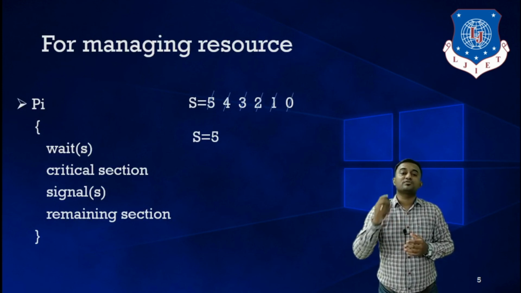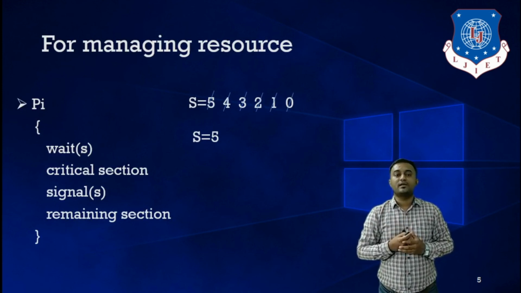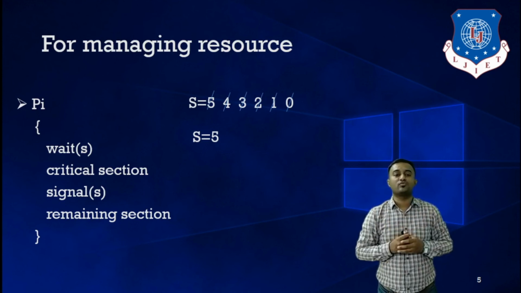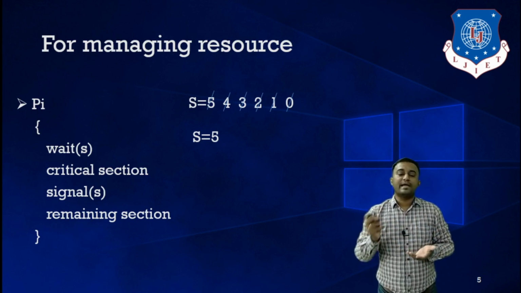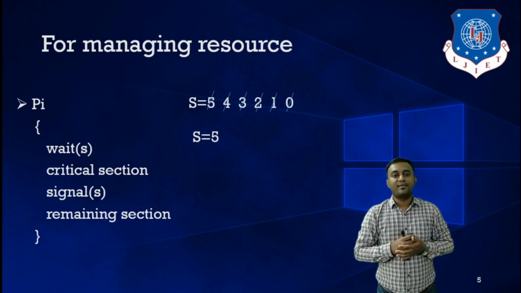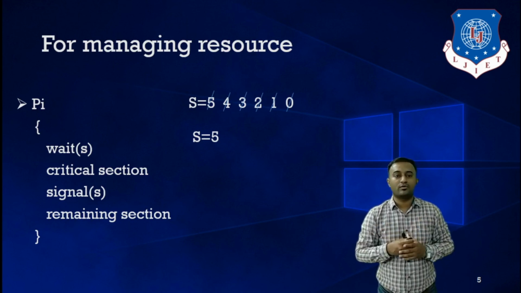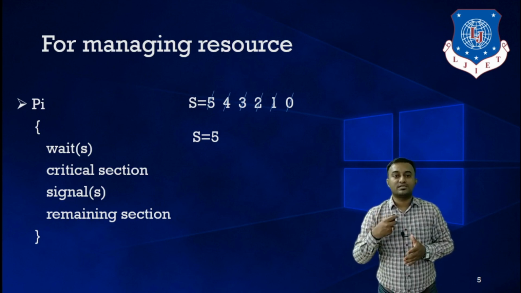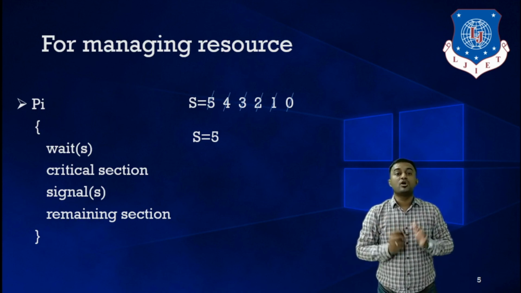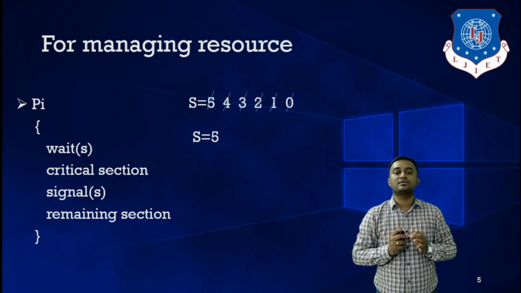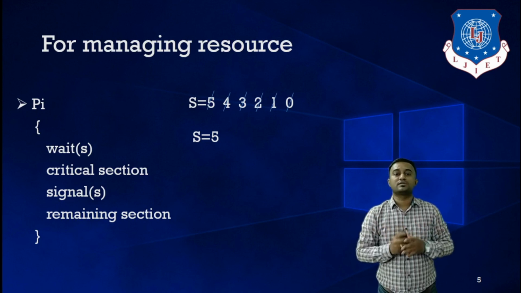Now another process comes into existence, and it wants to enter into the critical section to access the shared resource. The value of S is 3, so we can again execute the wait operation successfully, and P3 can enter into the critical section. In the same way, process 4 and process 5 can enter, and then the value of S becomes 0. It means we cannot execute more than 5 processes concurrently with 5 resources.